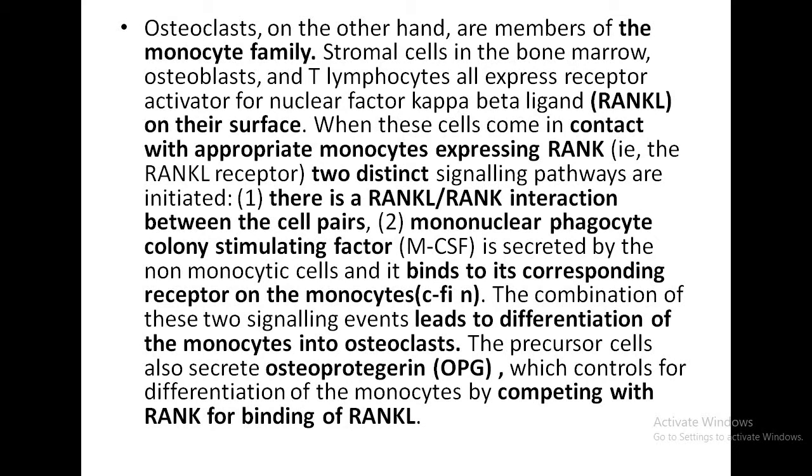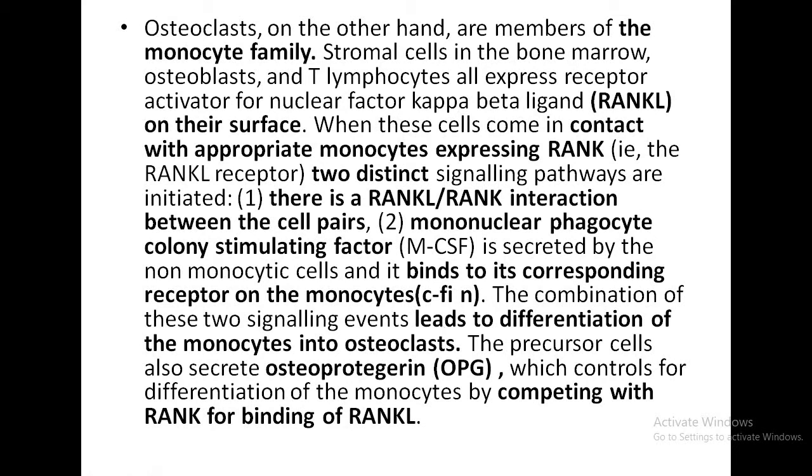Also, the MCSF is secreted by the osteoblast and binds to the corresponding receptor on the osteoclast. This combination of the two signaling events leads to differentiation of monocytes into osteoclasts.